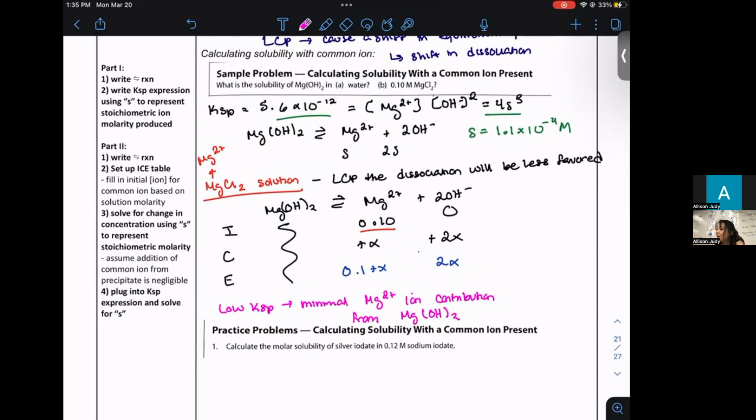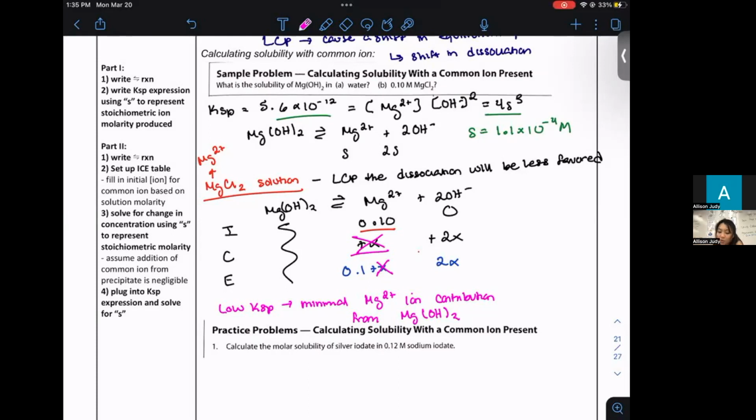So with that super low KSP value, we know that the change that would occur from MgOH2 dissociating is almost negligible. Compared to your massive amount of solvent ions, you basically have no contribution. So what we actually do is we treat this as negligible. The addition of Mg2 plus from the compound is negligible. But we do say that the addition of the OH minus is significant because there's nothing else to outcompete it. So we do have to account for that.